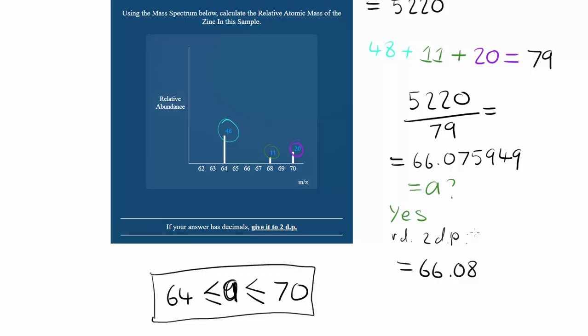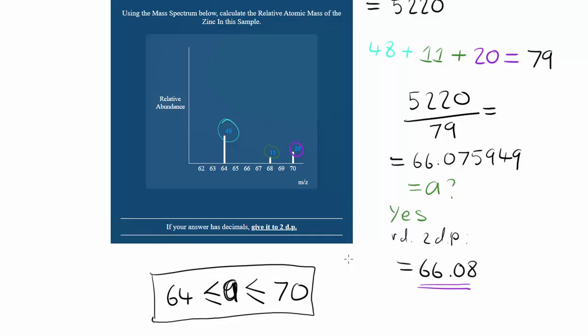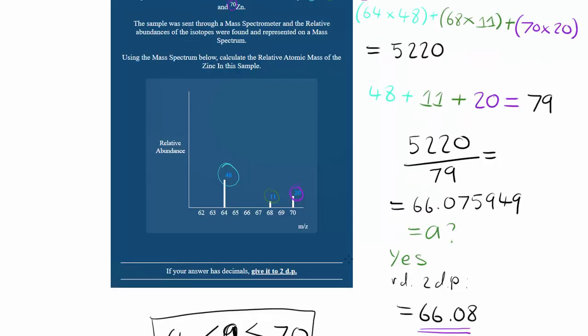Is this our answer? Well, it's within the range we would expect, and it's to 2 decimal places. So we can quite comfortably say yes, this is our answer, 66.08. That is the relative atomic mass of our sample of zinc, based on the data provided.